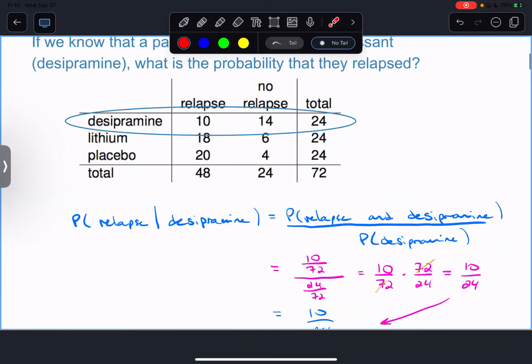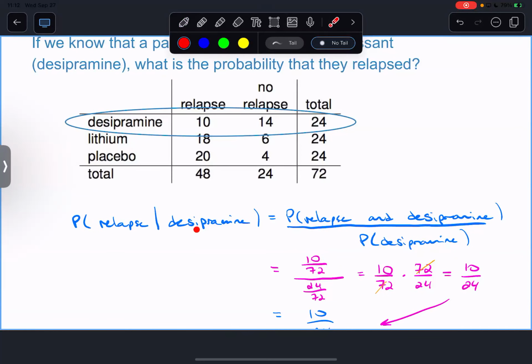Well, we said, okay, if I know that they were given desipramine, that restricts the total to 24. So all of a sudden, I ignore everyone else because I know that they were in this group of 24, right? Now, how many of those relapsed? Well, 10 out of 24, right? So we can do it either way.